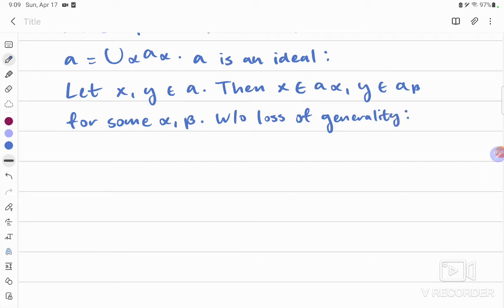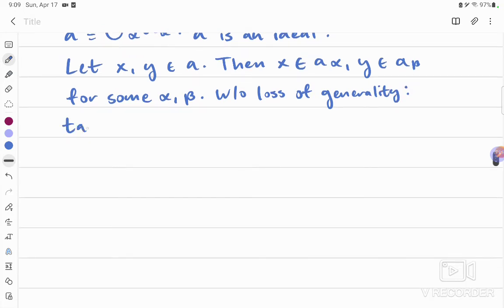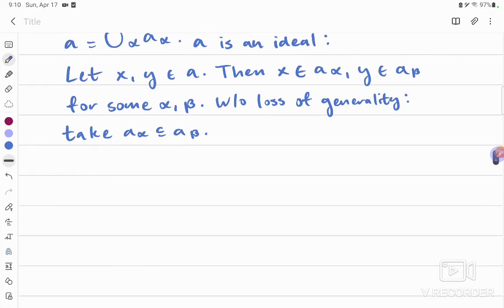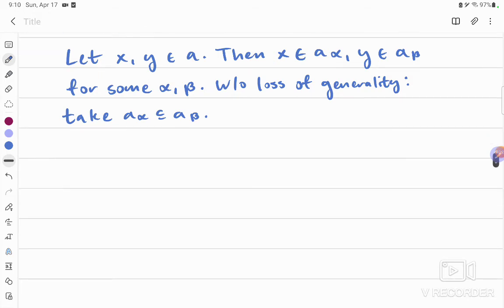Without loss of generality, take a sub alpha to be contained in a sub beta. Now we simply regard both elements as being in the larger containing ideal. If x is in a sub alpha, which is in a sub beta, x can be regarded as an element of a sub beta, as can y by supposition.